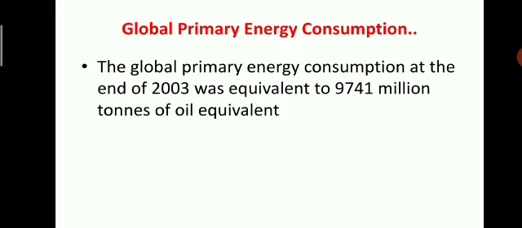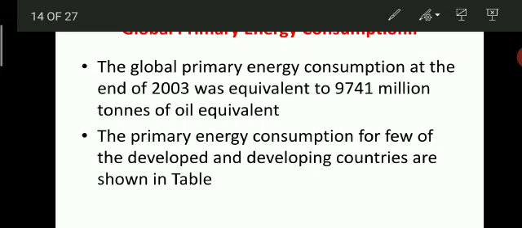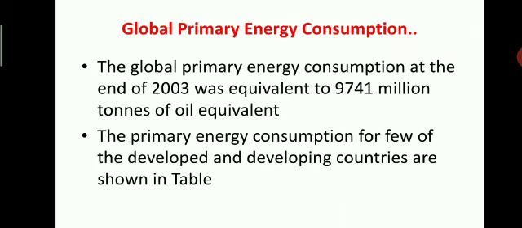The global primary energy consumption at the end of 2003 was equivalent to 9,741 million tons of oil equivalent. The primary energy consumption for a few of the developed and developing countries is given in the following table. You will see the table here. In the next slide, we will show you the detailed information required.